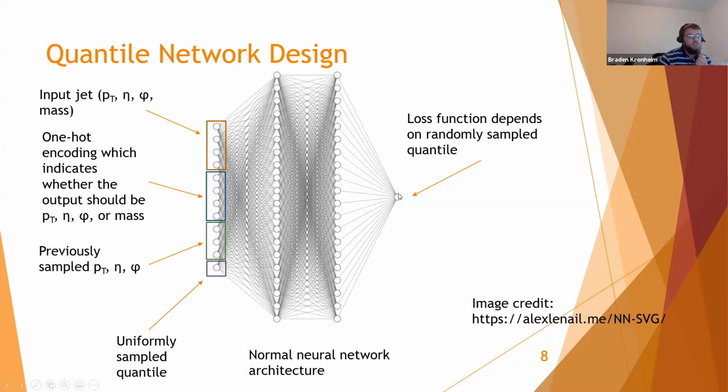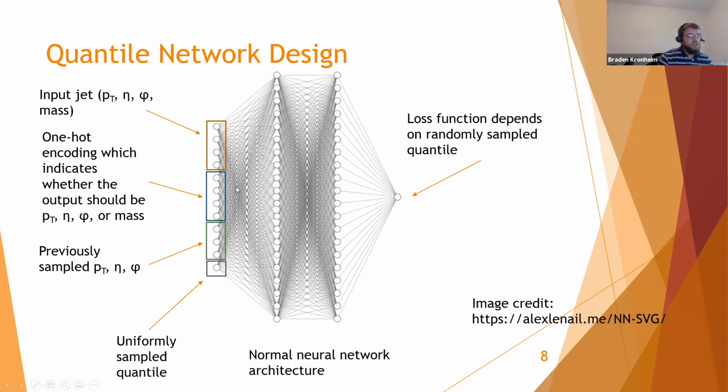The inputs and the targets are all constructed by taking a standard input jet and output jet data set and decomposing each one of those examples into four, as determined by this here.